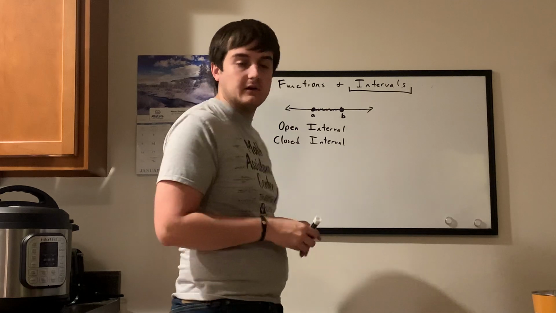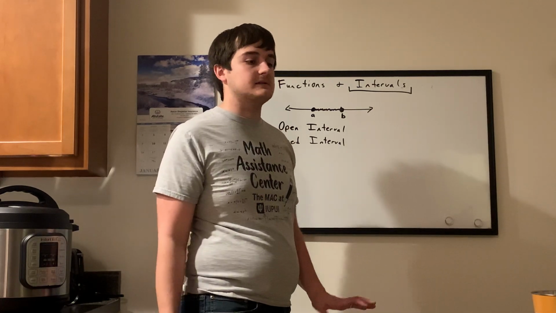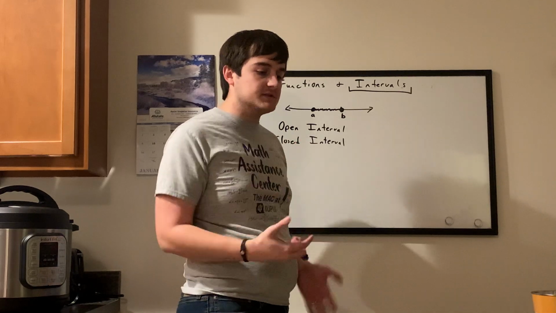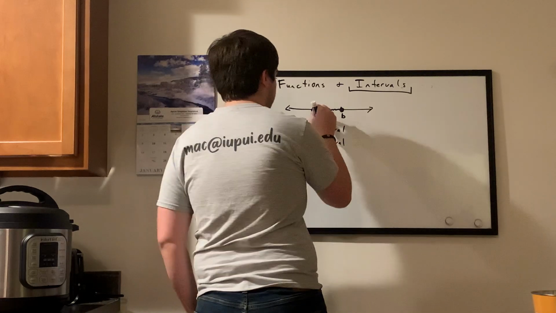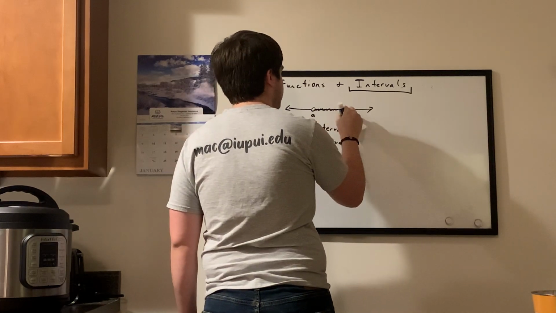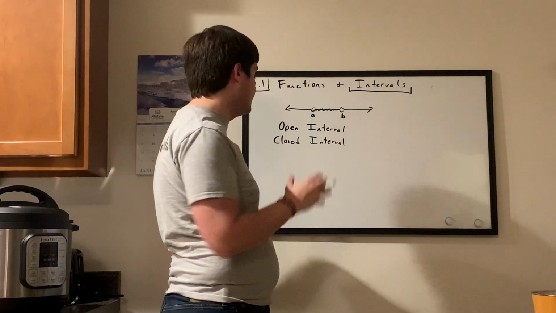Actually, let's start here. Whenever I say open interval, this means that I have things in between, but I'm not including the things on the outside. So in this case, I'm going to allow some open dots here. A and B are not included in this picture.